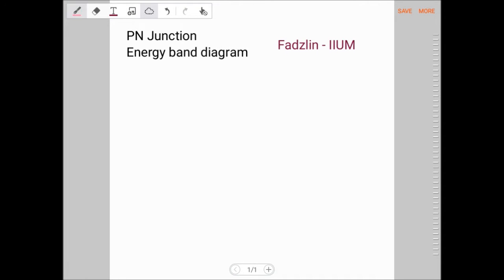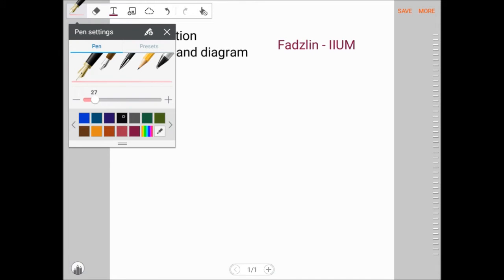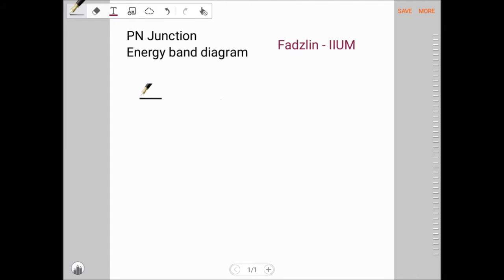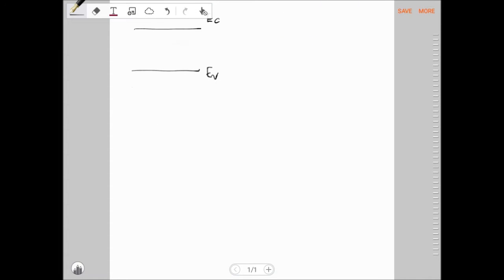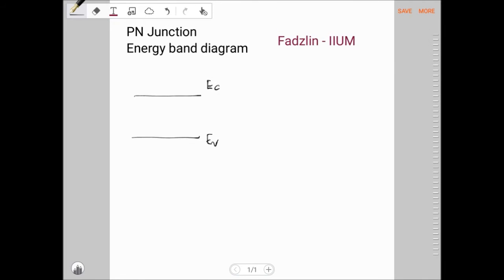First of all, let's recap a little bit. This is the energy band diagram. This is the conduction band, this is the valence band. For electrons to move freely, they have to be in the conduction band, and for holes to move freely, they have to be in the valence band.